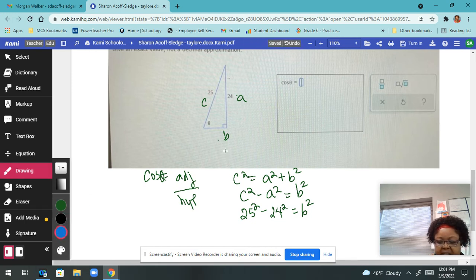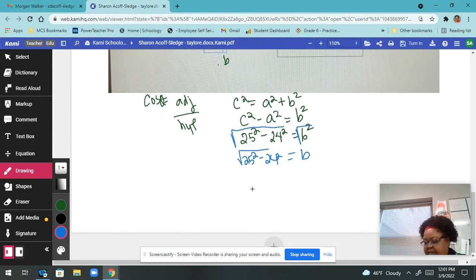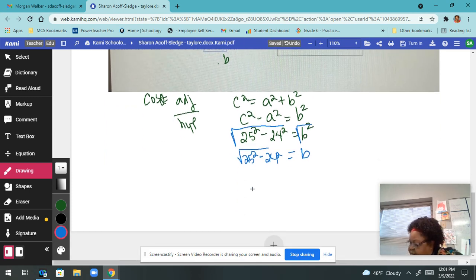Then, let me change colors. I'm going to take the square root of each side because I don't want B squared, I want B. So B is the square root of 25 squared minus 24 squared. So I'm going to do 25 squared minus 24 squared, and that's equal to 49.